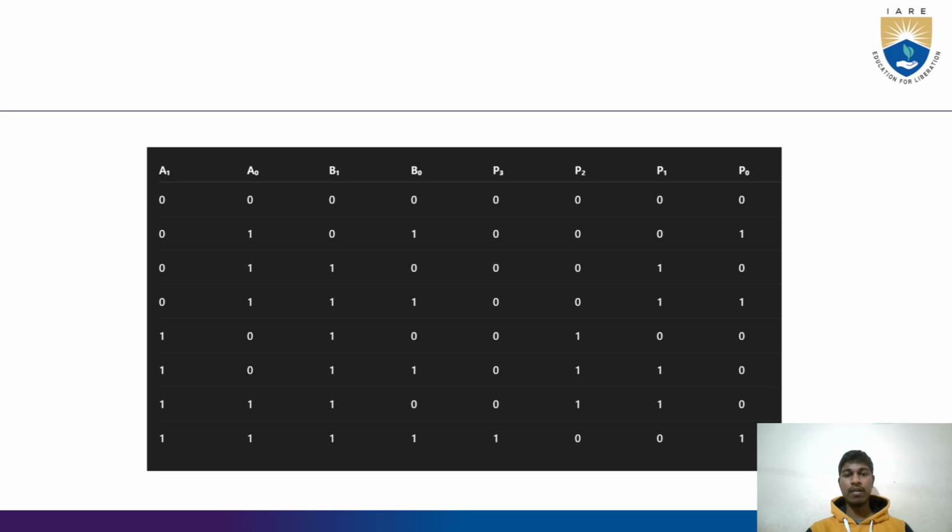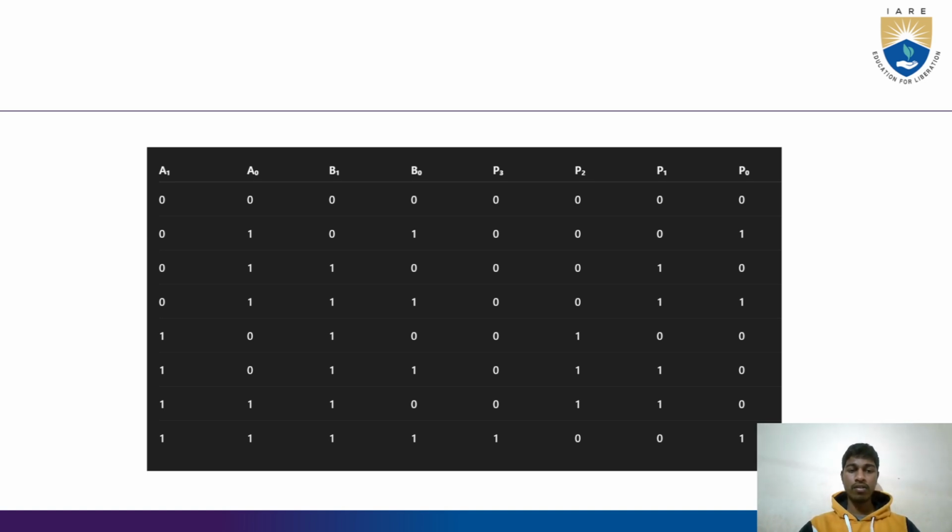So here's the truth table for A1, A0, B1, B0 and the full and half adder outputs P3, P2, P1, P0. When you combine, let me tell you, A1 A0 is 0 0, so I get 0. Both are 0, both are false, so I get false.